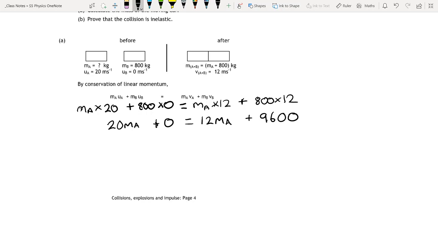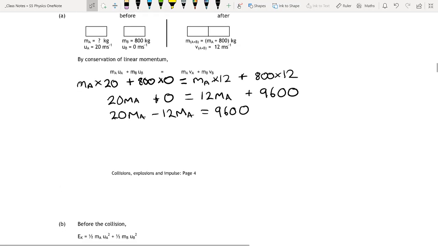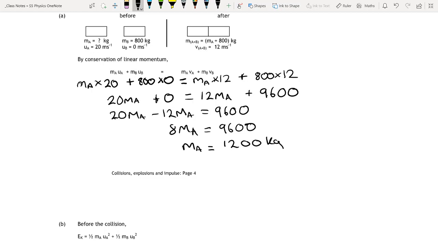If you were to rearrange that, you would end up taking the 12 MA, so 20 MA take away 12 MA equals 9,600. I'm sure you could do this in fewer steps, but this is just showing you where I've got it from. So 8 MA equals 9,600. So MA is 9,600 divided by 8, which is 1,200 kilograms.